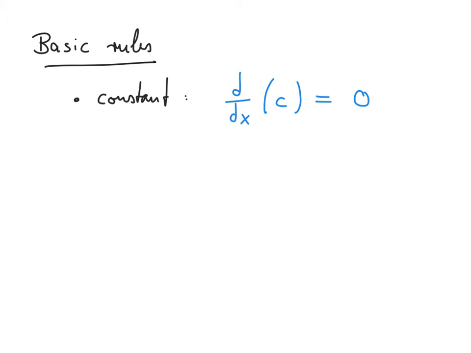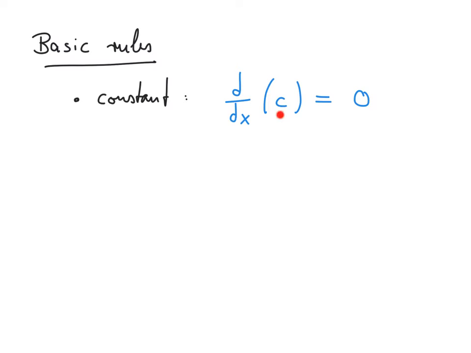So let's quickly review the basic rules. The first one is the constant rule, a very nice rule because it says that something becomes zero, which is usually a nice thing. Not always, but often.